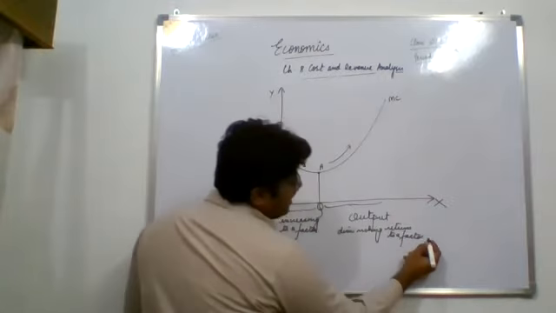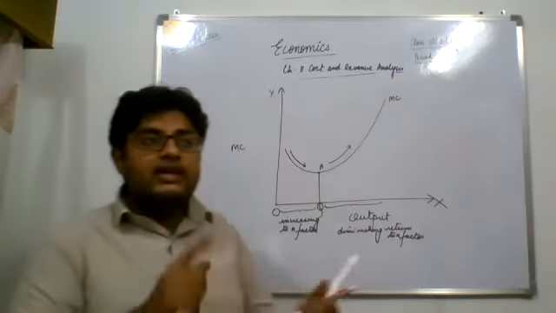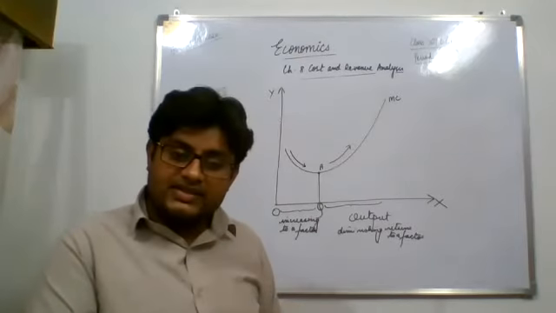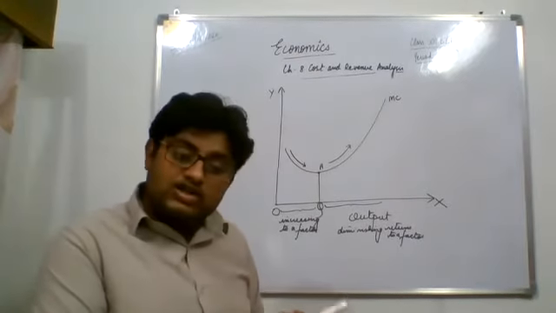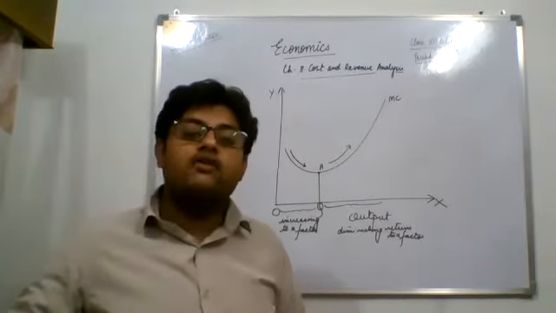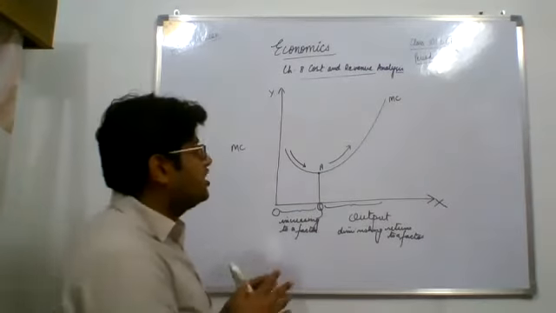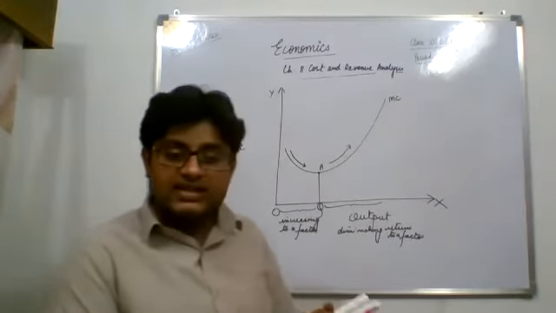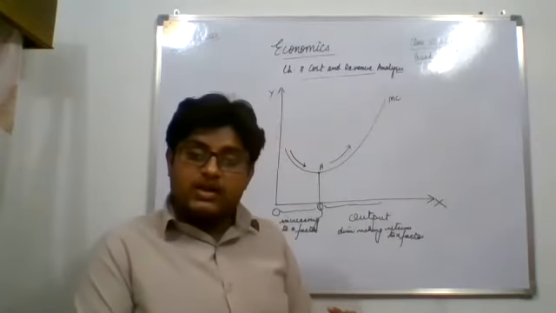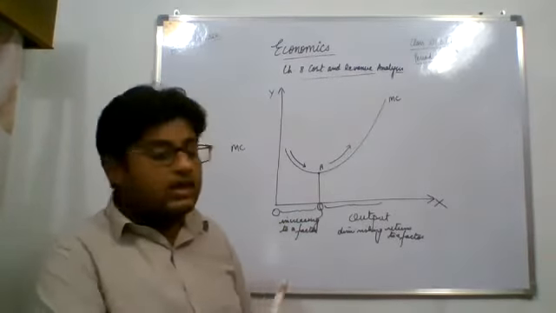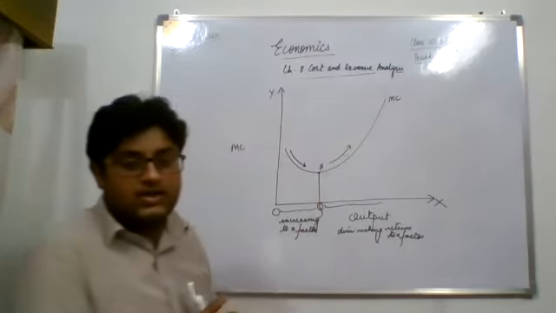So the reason behind the shape of TVC, TC, AVC, AC and marginal cost is all the law of variable proportion. Same reason for all the shapes. Okay, so this is how you can draw the marginal cost.